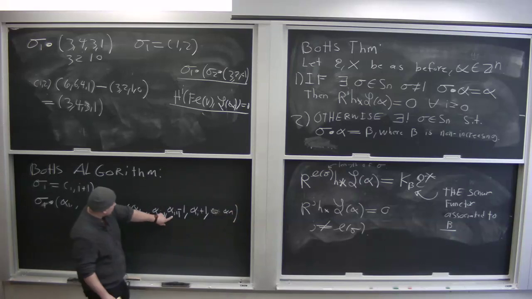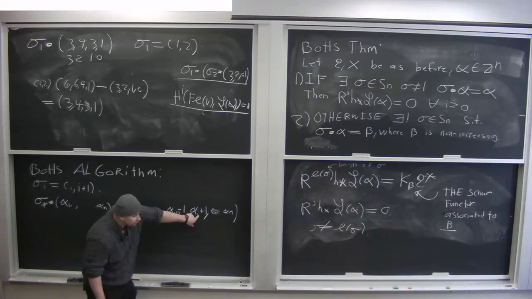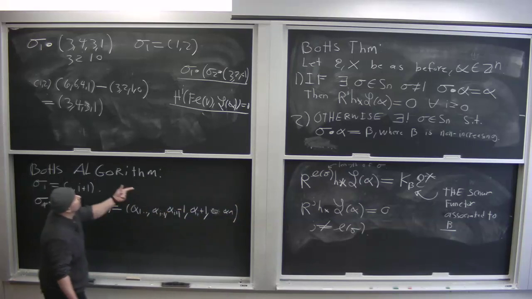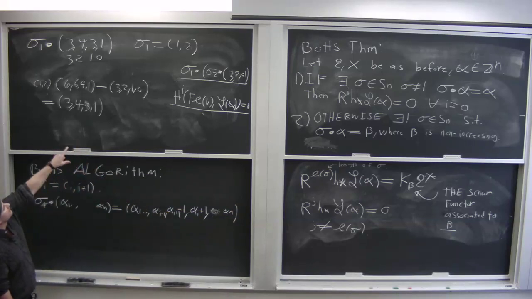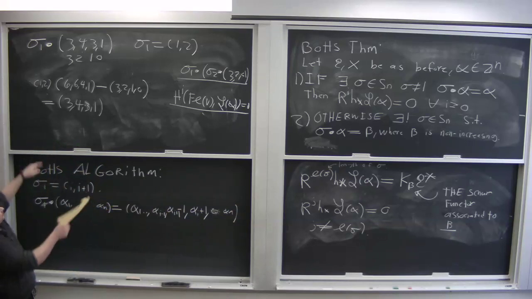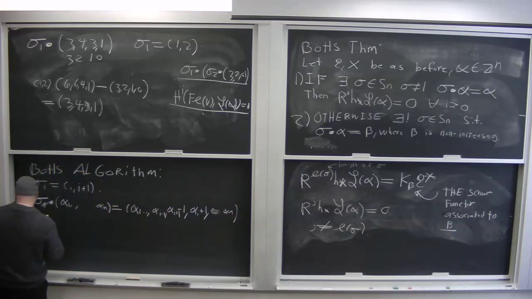In the ith position, alpha i plus 1 appears, so you subtract 1, and then alpha i that was here goes over here with 1 added, all the way up to alpha n. That's what was happening at these two stages. And so what's the point?